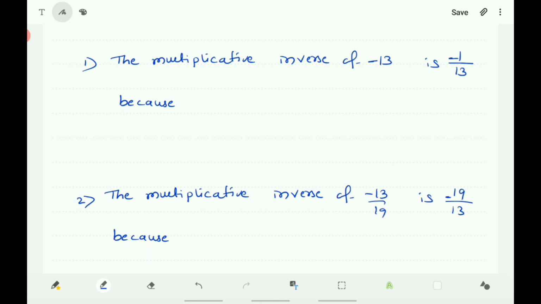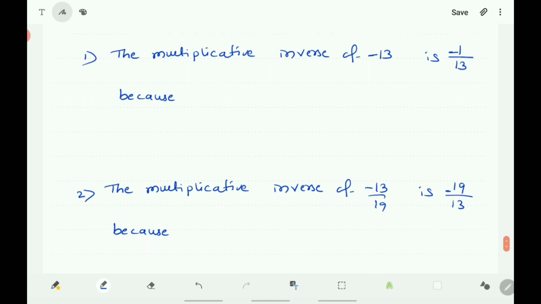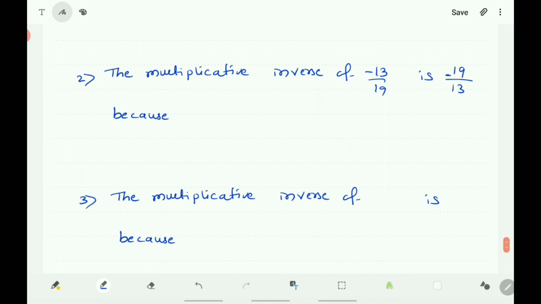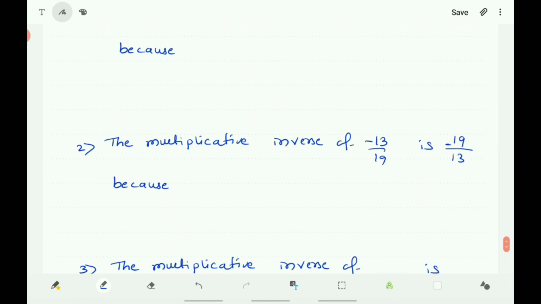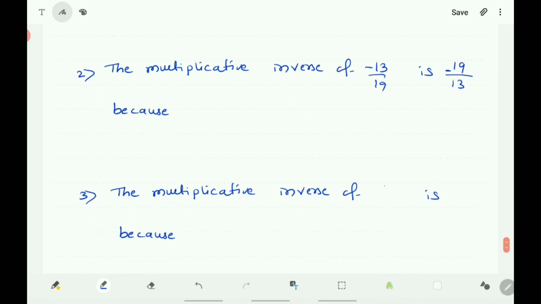So it is better to write negative in the numerator only. Next, multiplicative inverse of 1 by 5 is 5 by 1, that is 5.